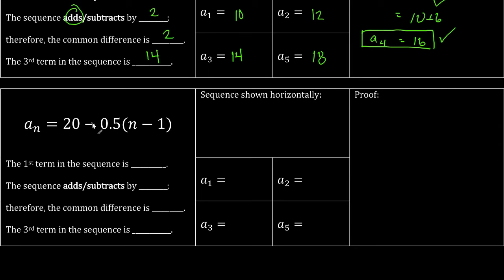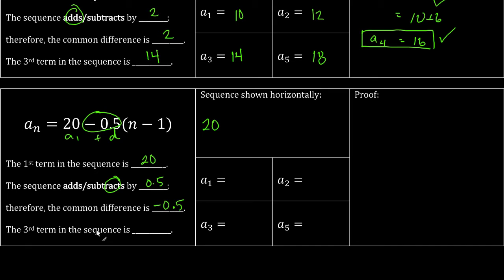All right, let's try it again. This time, this is a sub 1, this is d. We start off with 20. Our first term is 20. And then according to our common difference, we are going to subtract 5/10 every time. Therefore, the common difference is negative 0 and 5/10.